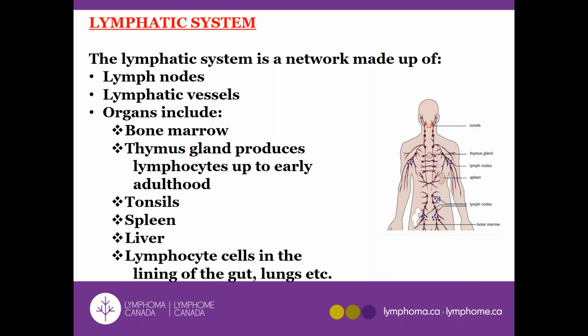For a little bit of background, the lymphatic system, the part of the body where lymphoma develops, is a network that's made up of a number of pathways through the body. So it can be made up of the lymph nodes, the lymphatic vessels that can connect these lymph nodes, and there are organs in the body that we consider as part of the lymph system.